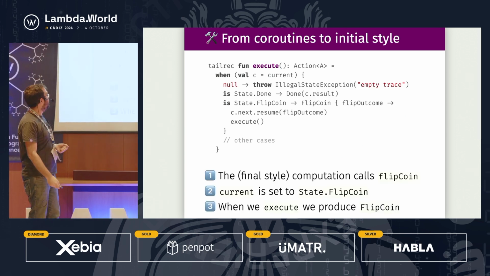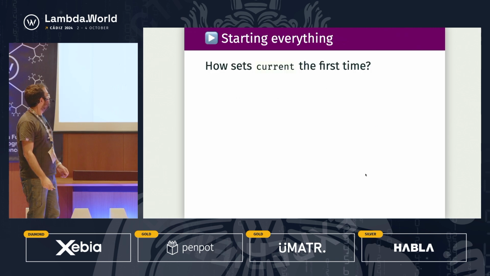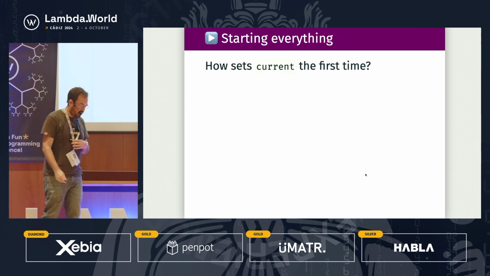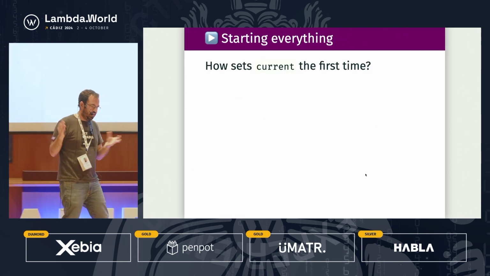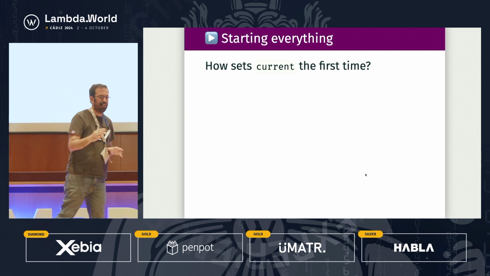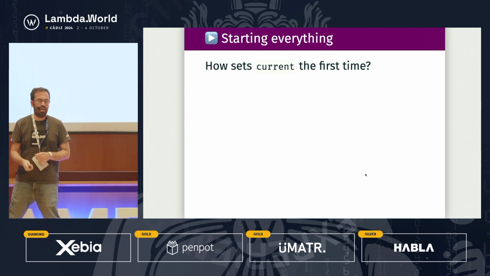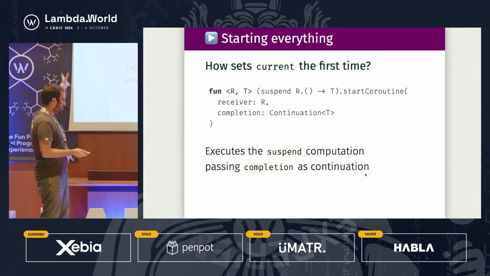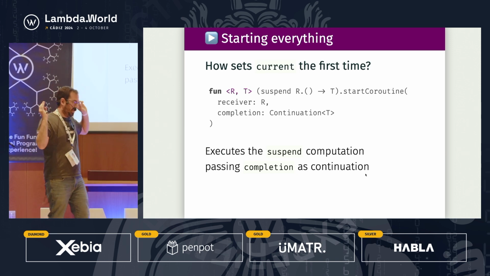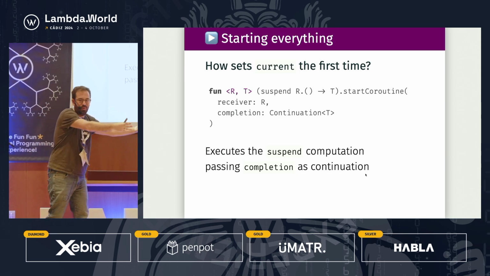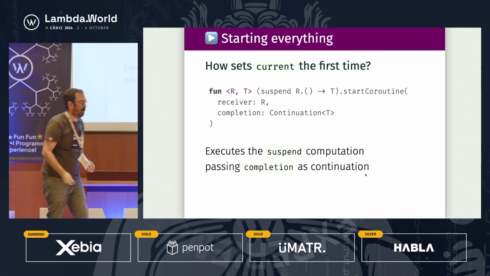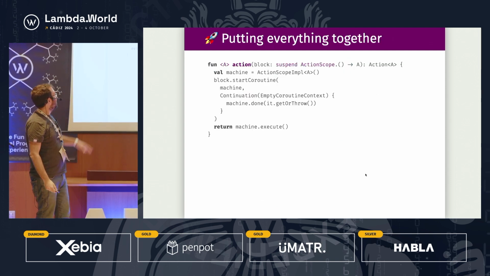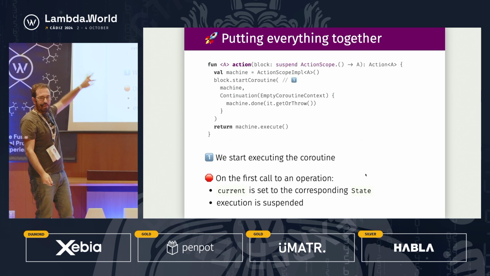The only thing that is missing, and I will try not to go too deep into this, is that you need to somehow also start the domino chain. You need a special way to start the coroutine in Kotlin. For those who know Kotlin, there is startCoroutine, which is like, please start executing the coroutine, because otherwise, how do you even start? So you need a bit of complicated code.